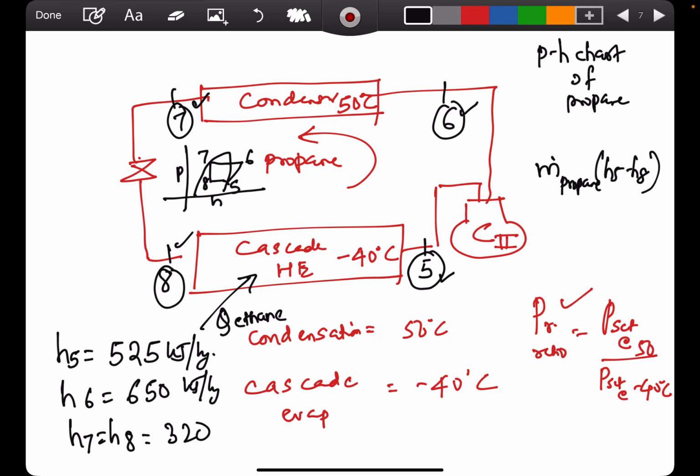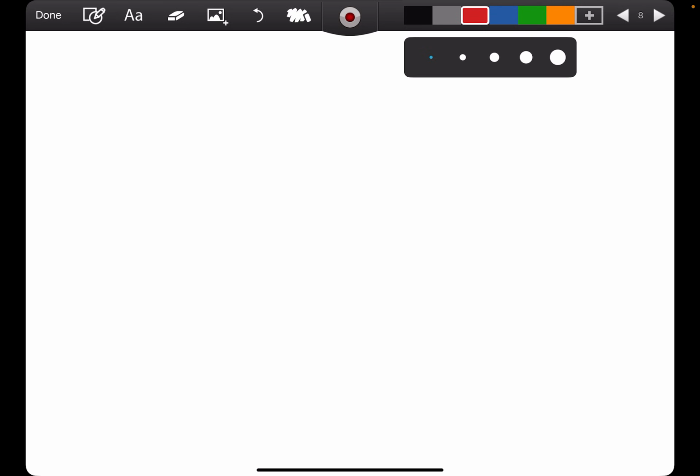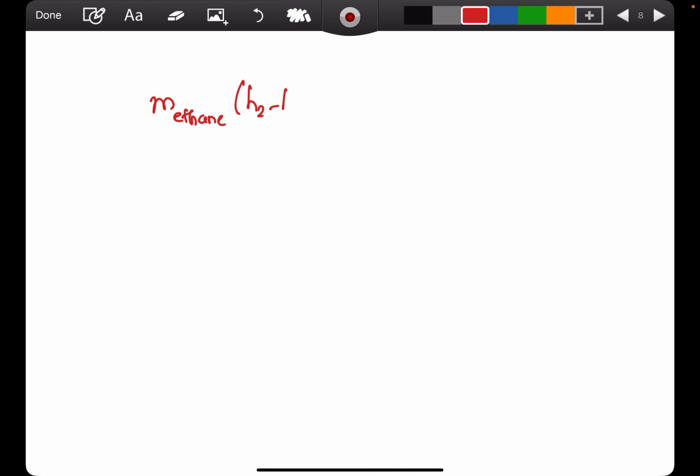Once you get this and then you use the energy balance, what you will obtain is the following: m of ethane into H2 minus H3 is equal to m of propane into H5 minus H8.